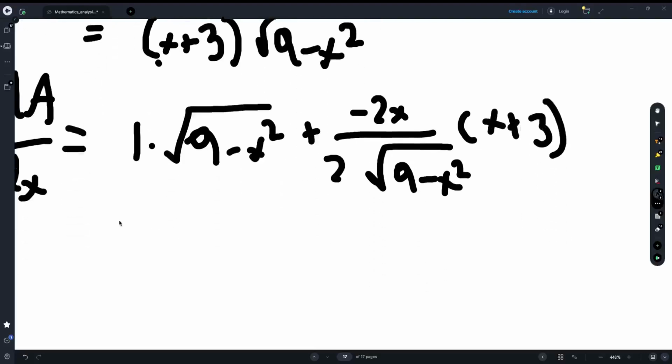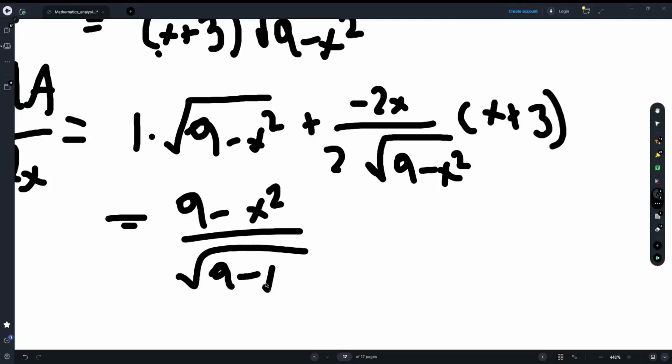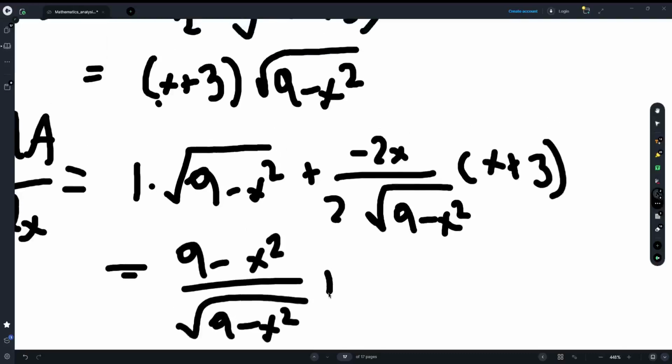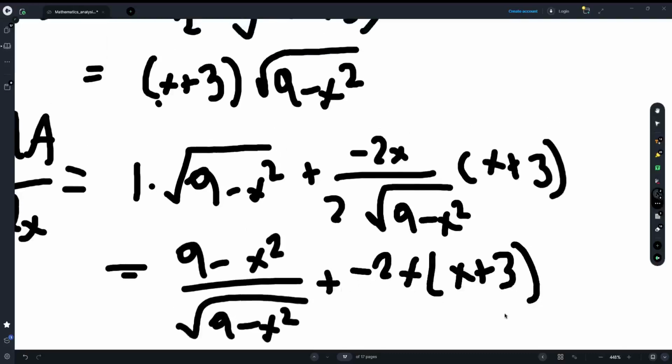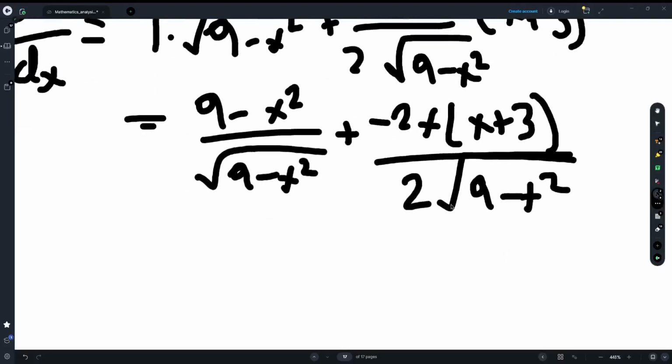So we can rewrite this as 9 minus x squared over root 9 minus x squared, this first part right here, and then plus negative 2x times x plus 3 over 2 root 9 minus x squared. And we can cancel out the 2's here.